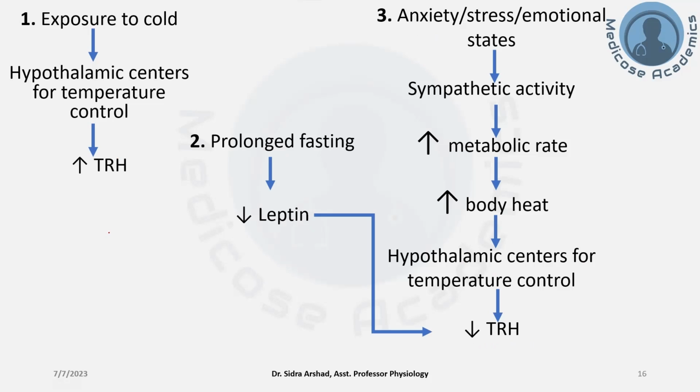So this is the regulation of release of TRH by these three other stimuli: exposure to cold, prolonged fasting, and anxiety, stress, and emotional states. Basically, these are the stimuli for the release of TRH. Either the release of TRH is stimulated or inhibited depending on the scenario.